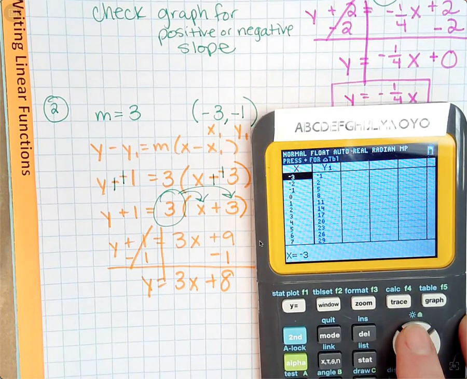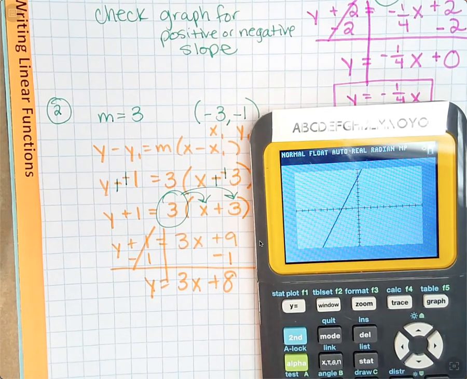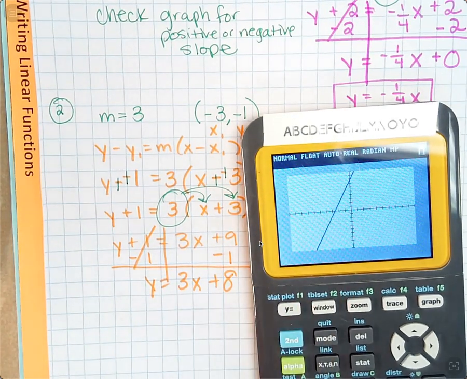And it's there. And then looking at the graph, how should it look? Positive slope, positive slope. So we're good to go.